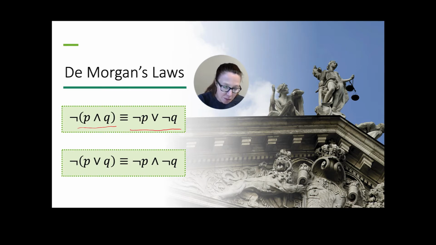What's really important to note is that when we do so, the negation goes to each of its component variables, but then that and becomes an or.